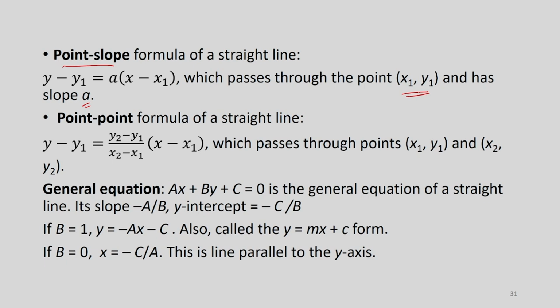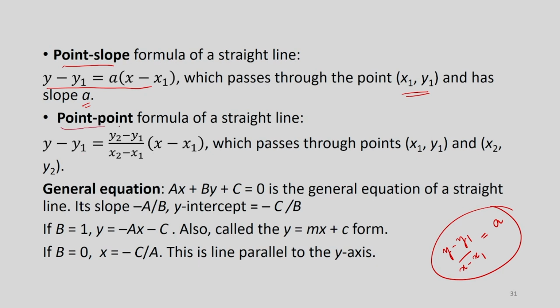It will be y minus y1 divided by x minus x1. This is the slope, and we know the slope is given to us, this is given by a. So, we simplify this and we will get this particular form. You can see that it is actually a function, because y can be represented as dependent on the value of x. This is point slope formula.